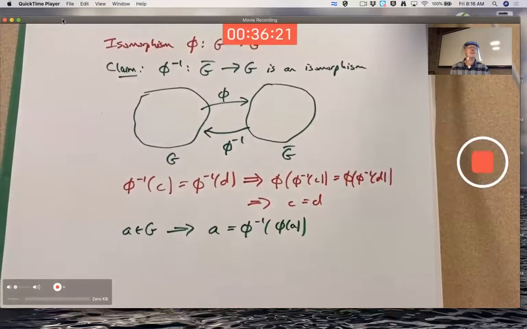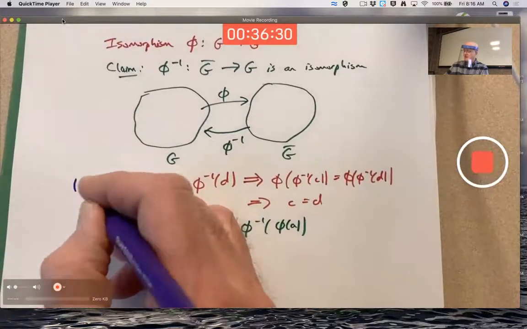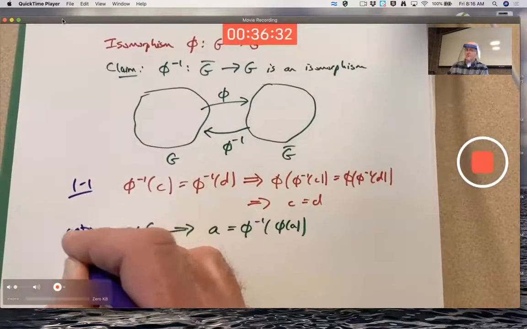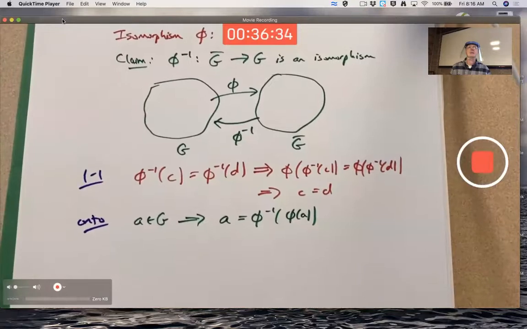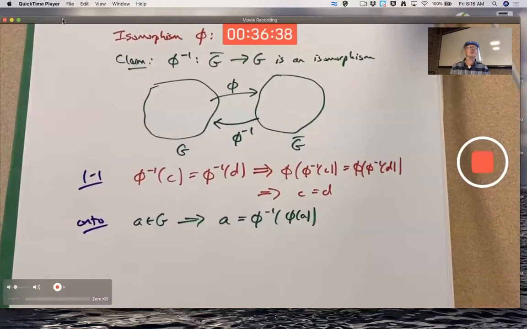Use the fact that phi and phi inverse undo each other in the other direction. So essentially this line is one-to-one, this one's onto, though again, you'd want to briefly explain, and essentially the explanation is the definition of a function and its inverse and the property they have, since phi inverse is the inverse of phi.